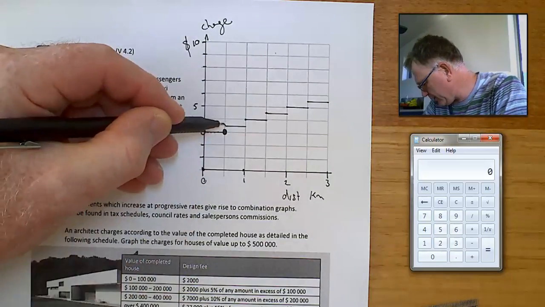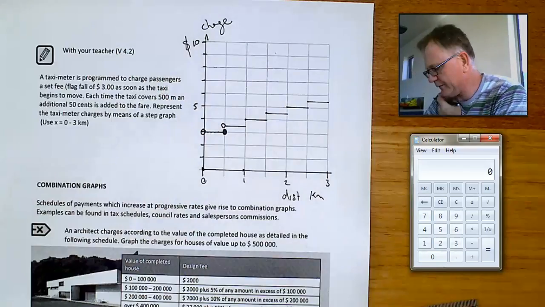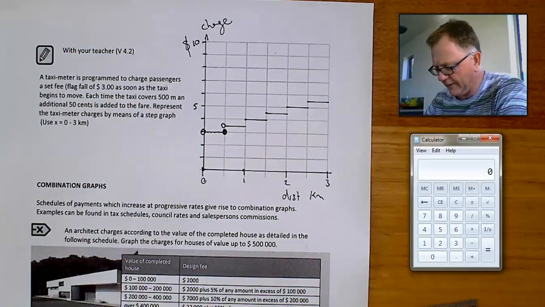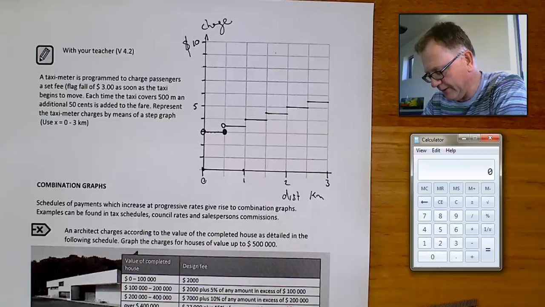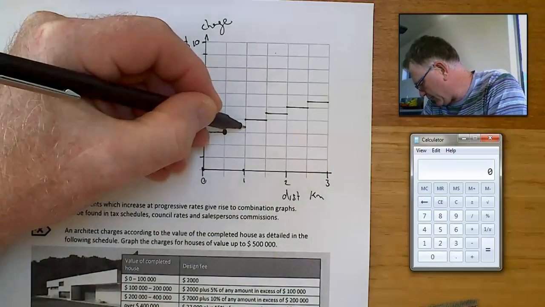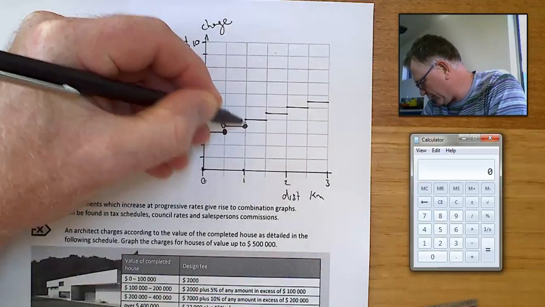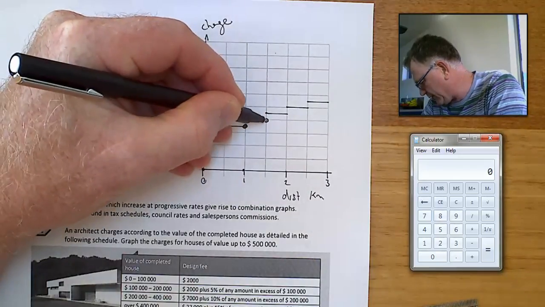This point I'm going to put with an open circle to indicate that for 500 metres it is not equal to $3.50. Only when you go for more than 500 metres, even for 1 metre more than 500 metres, then it will jump up and the charge will be $3.50. So I can include closed and open circles on the end of each of these segments.